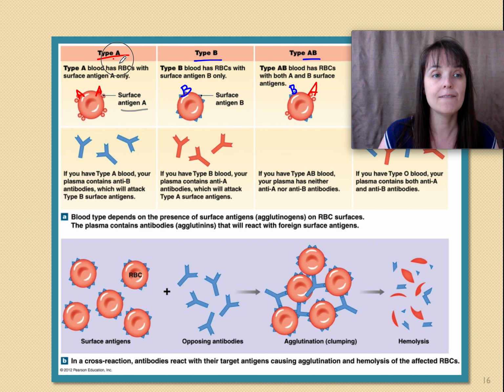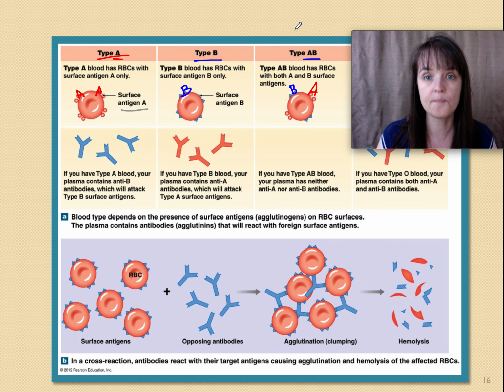If you have a single gene or two genes for the A surface antigen, then you make the A surface antigens. If you have a single allele or two alleles for the B surface antigen, then you have type B blood. If you have one allele for type A, you make the A surface antigen, and one allele for type B, you also make the B surface antigen. Later, we will call this being co-dominant.